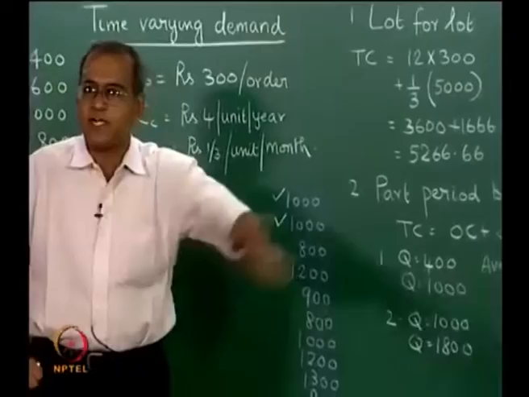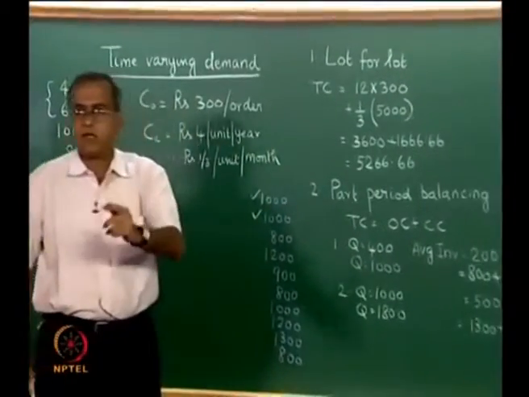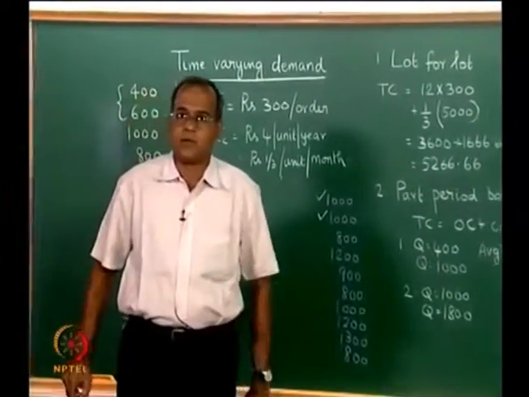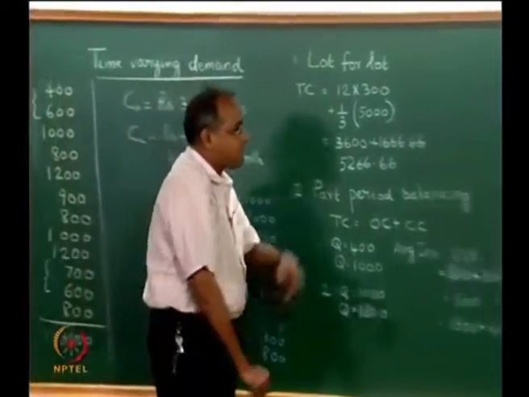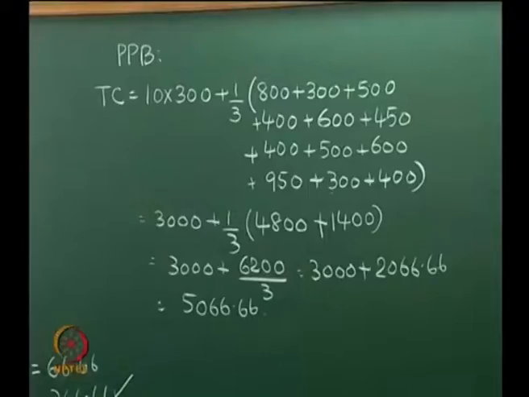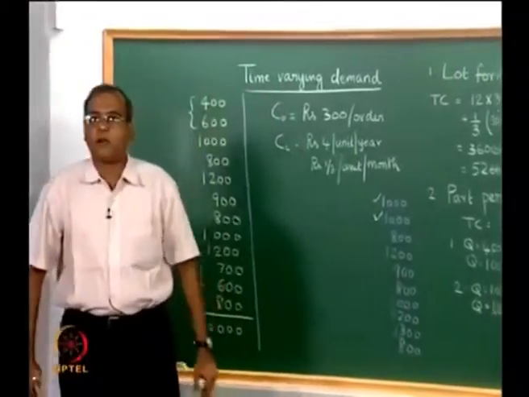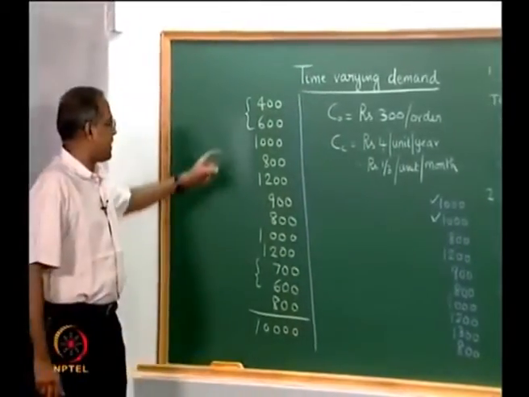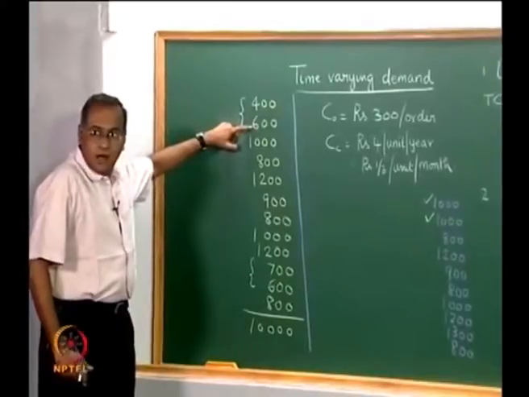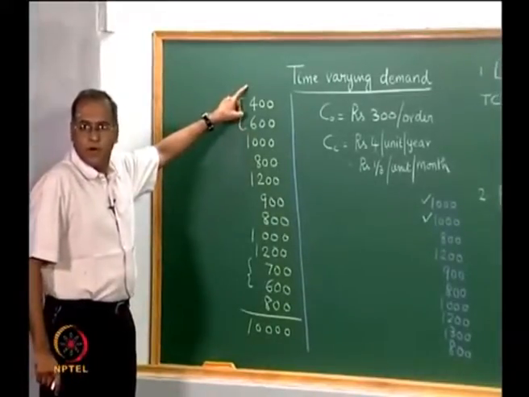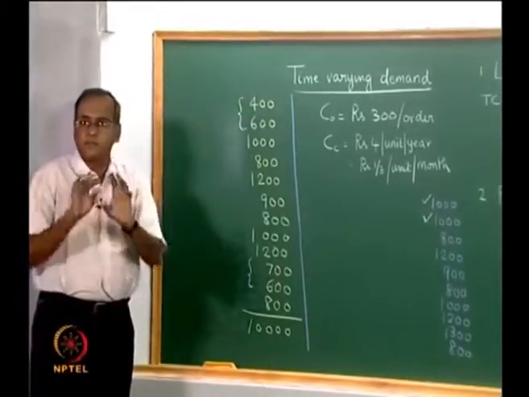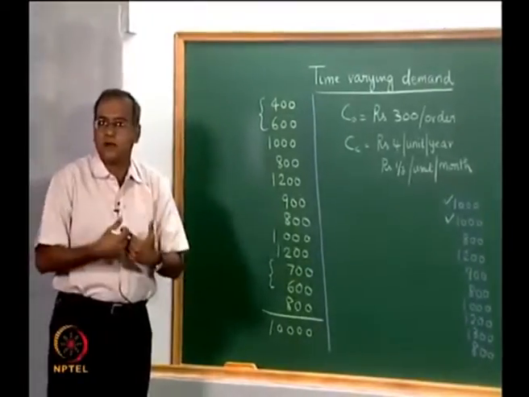It is only an evaluative algorithm where if I make an order every period, what is going to be my cost. Now, here there is a certain amount of optimization, because by bunching these two, we are able to save one order cost, which means the cost of carrying this 600 along with this 400, for another period seemed to be lesser than one additional ordering cost.